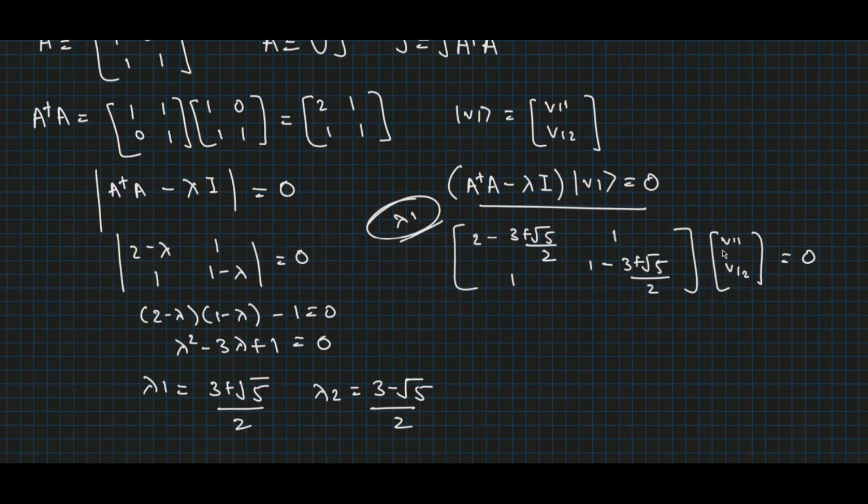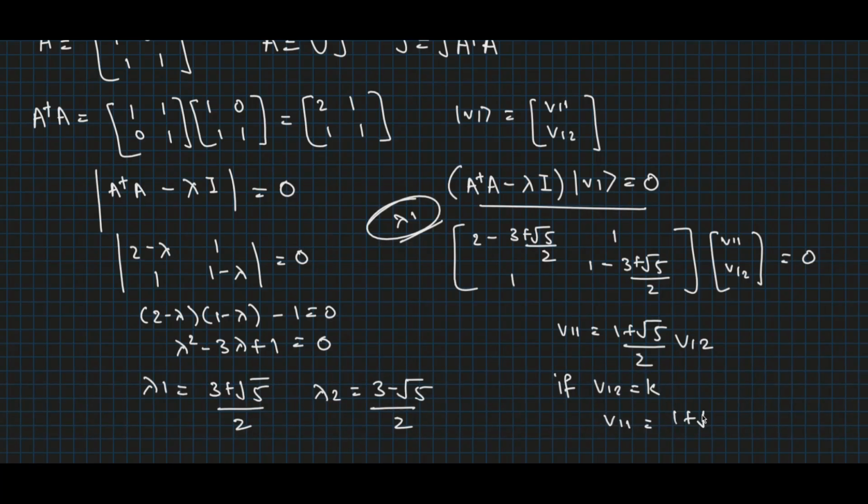So by multiplying, we get v11 equal to (1 plus root 5) by 2 times v12. So if v12 is equal to k, then v11 will be equal to (1 plus root 5) by 2 times k.